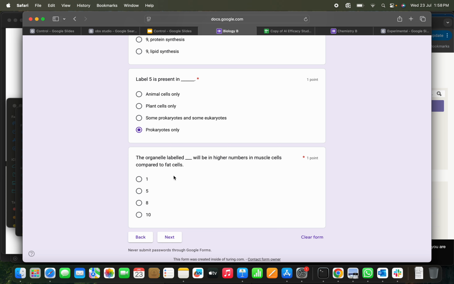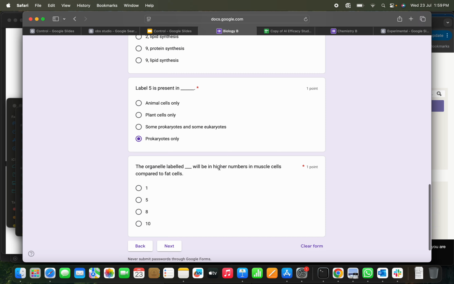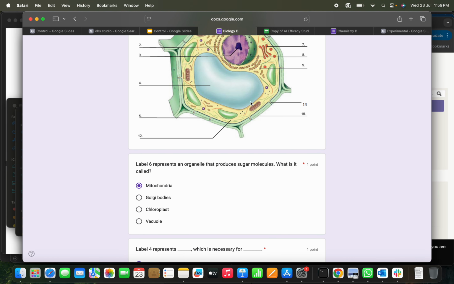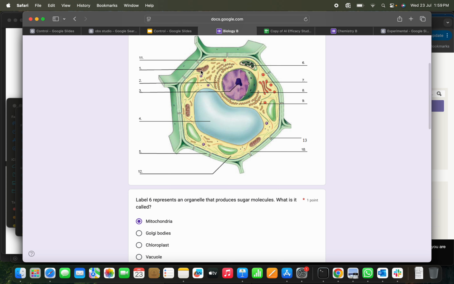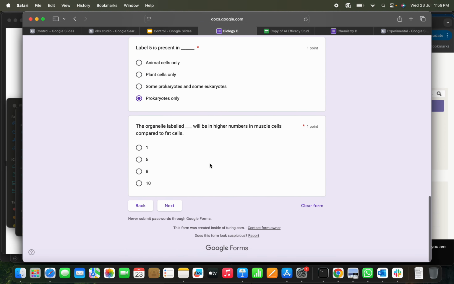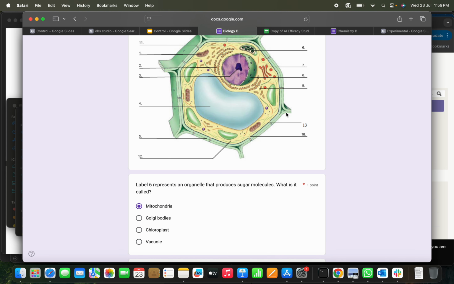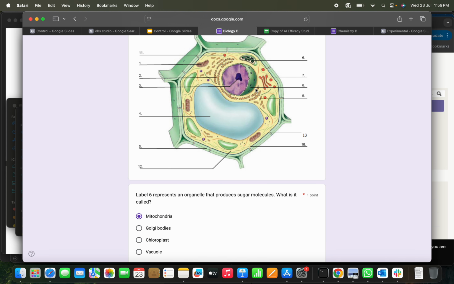The organelle labeled dash will be in higher numbers in muscle cells compared to fat cells. I have no idea what's responsible for muscle cells, but I'll still look at what 1, 5, 8, 10 is. So 1 is this thing, 5 is the structure, 5 is wall. 8 and 10, okay, so these two are two different structures that are shown here.